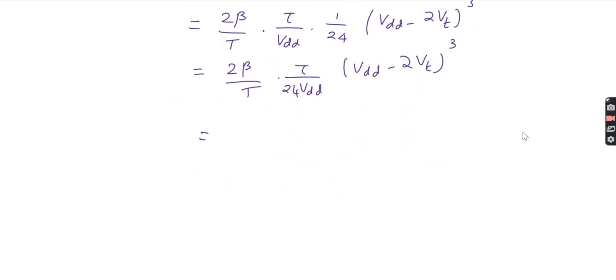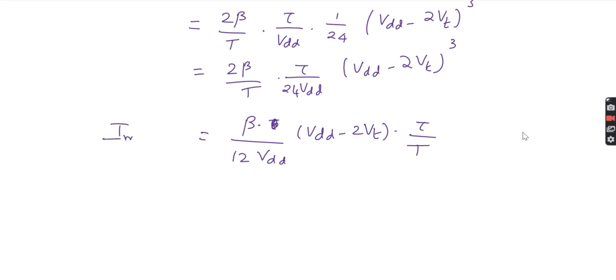So this will become beta tau divided by 12 VDD, beta t, right? So I will take this also, 2 VDD minus 2 VT into tau by t.